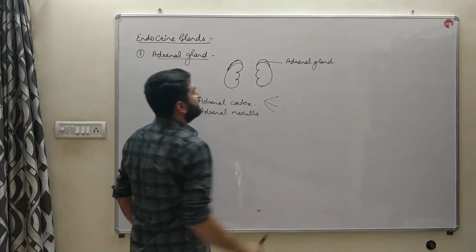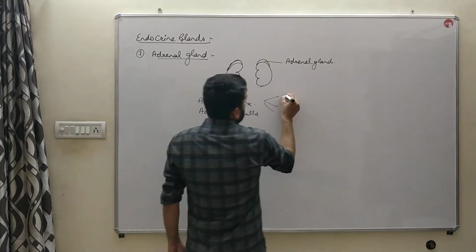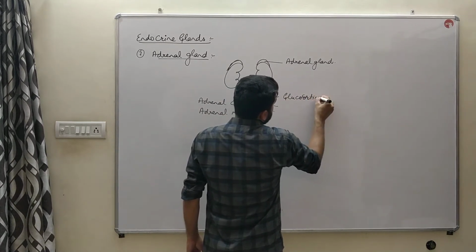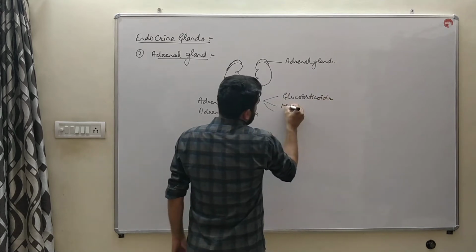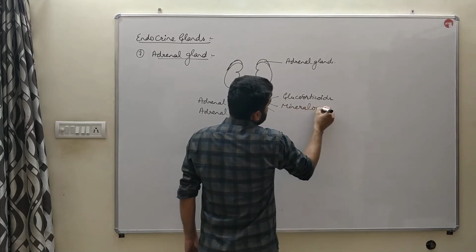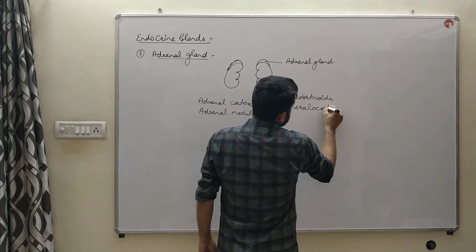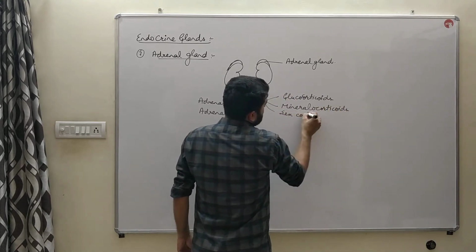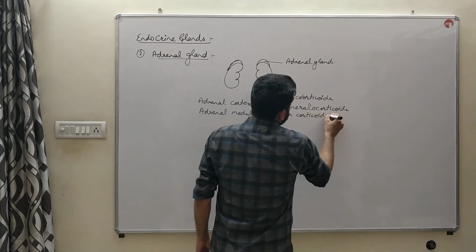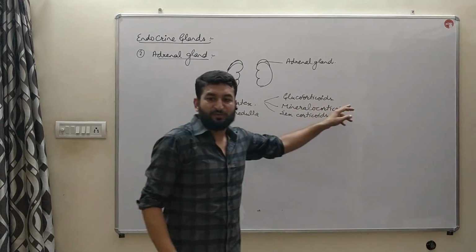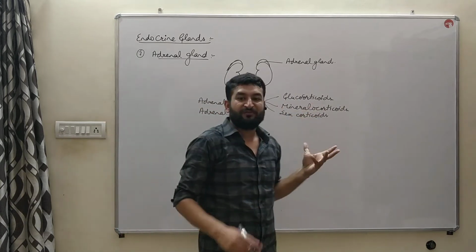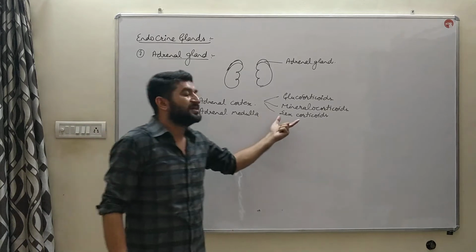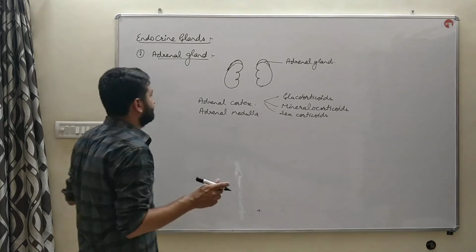Adrenal cortex releases three hormones: glucocorticoids, mineralocorticoids, and the last ones are sex corticoids. These control the metabolism of carbohydrates. These control the metabolism of various minerals like sodium and potassium, ion balance in the body, and these control the sexual hormones.